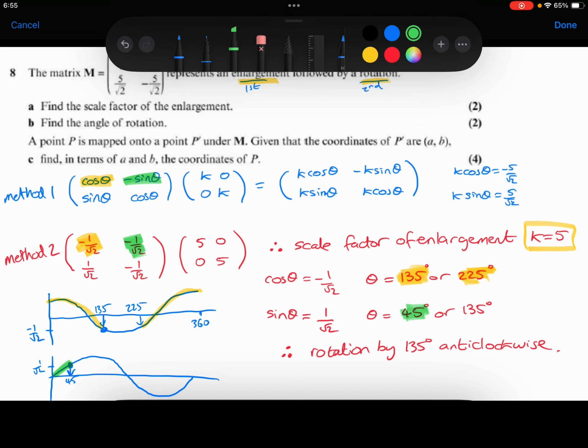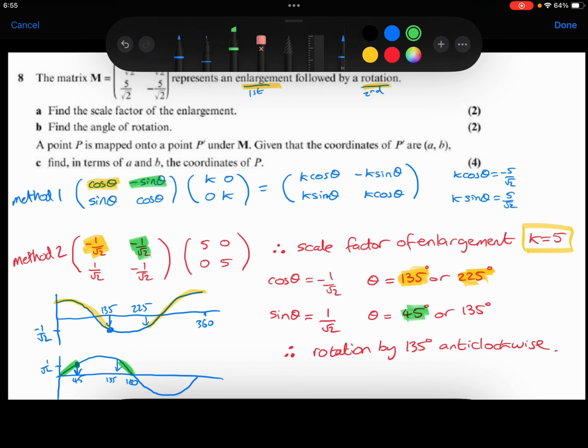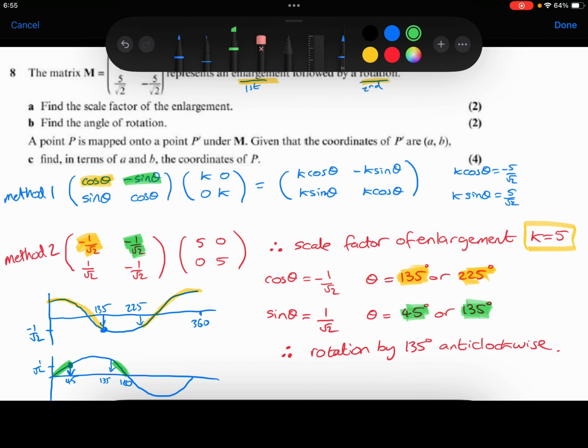So there will be another solution here, which is 45 less than 180. And 180 take away 45 is 135. So sine 135 is also equal to 1 over root 2. And now we're looking for both of those to be the same angle. So therefore I know that it's going to be a rotation by 135 degrees anti-clockwise.